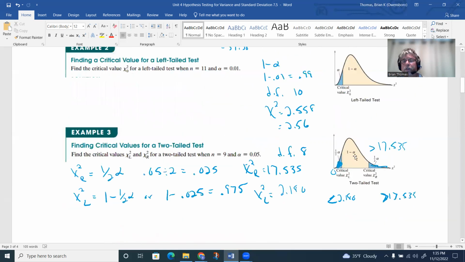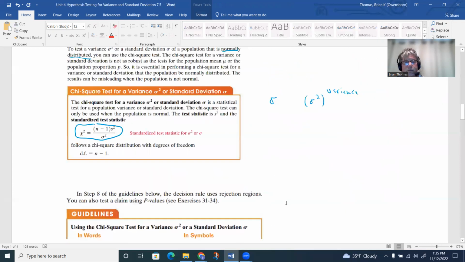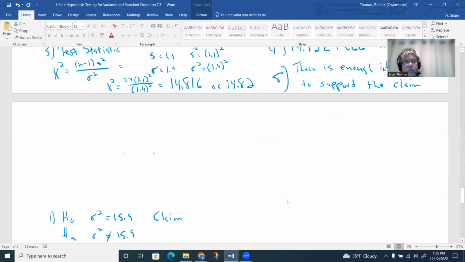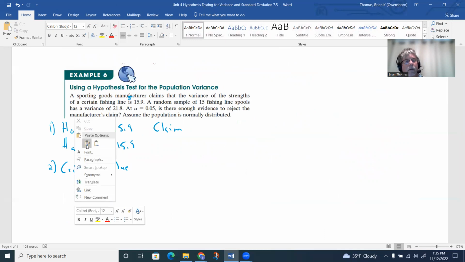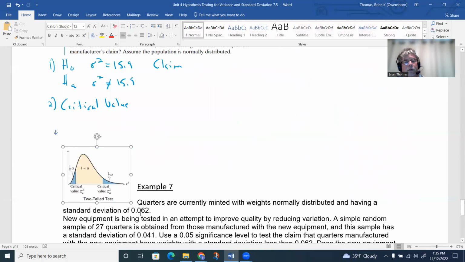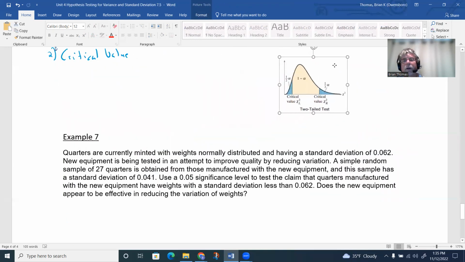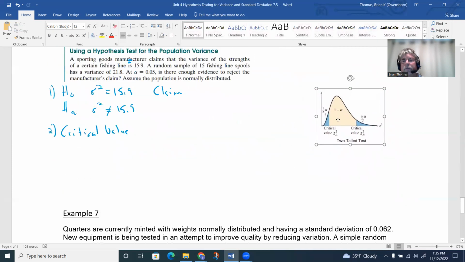Two-tailed means we're looking at this here. Let's move that over here out of the way. That's what our graph is going to look like. To find the critical value, we need to know what half alpha is to start with.